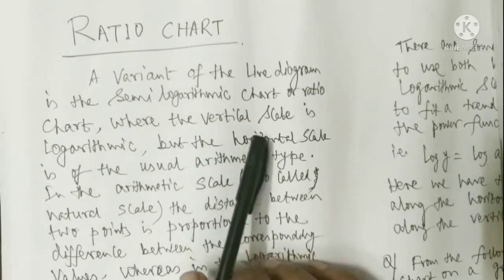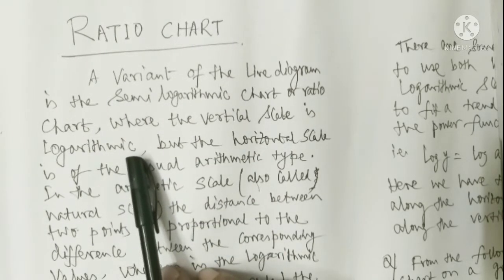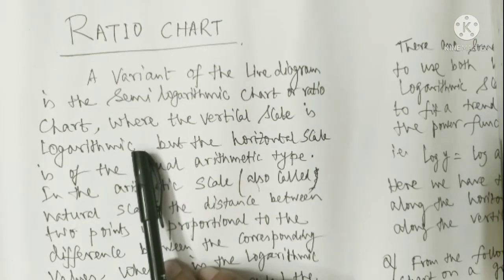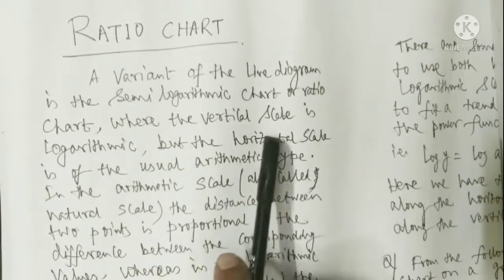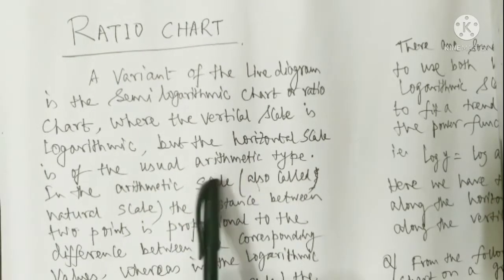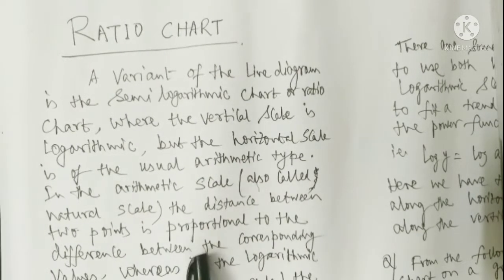Where the vertical scale is logarithmic, there are two axes whenever we measure something with respect to a two-dimensional figure. Vertical scale is logarithmic, but the horizontal scale is of the usual arithmetic type. That is, there are two types of scales measured here.